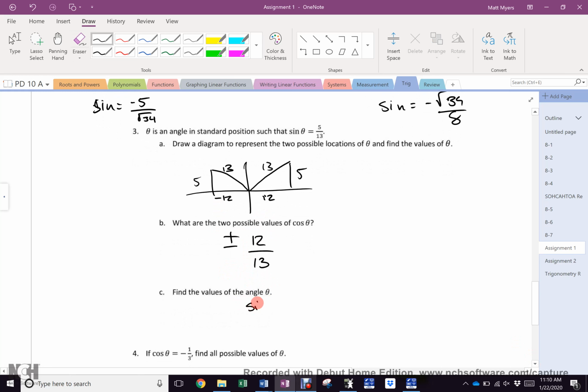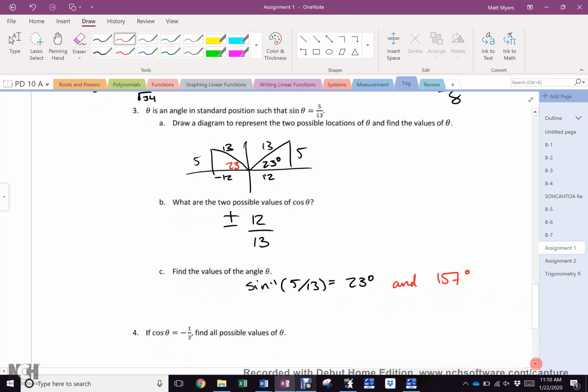Theta, shift sine of 5/13 equals 23 degrees, but this is also 23, so it's 23 and 157 degrees.